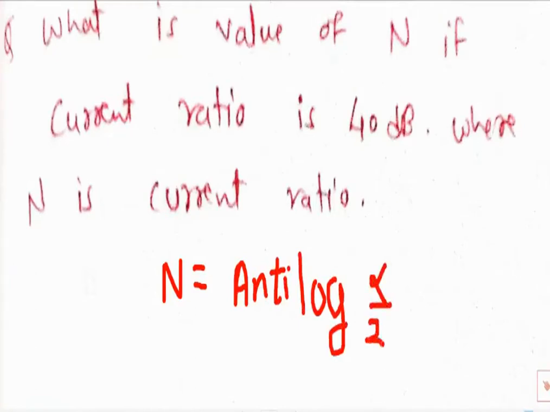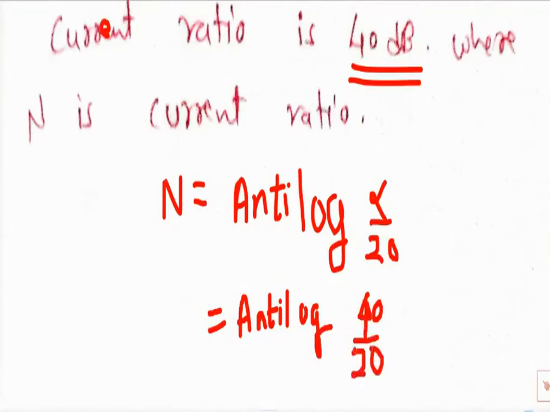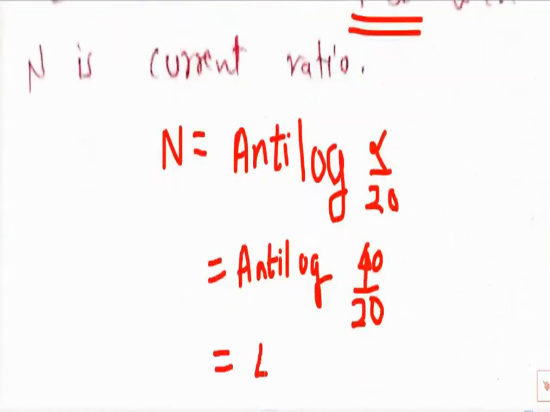Alpha is 40 dB, the attenuation, that means the current ratio in dB. So the answer: anti-log 2, since 40 upon 20 is 2. Anti-log 2 has value 100. Such simple questions are possible. It is unitless.